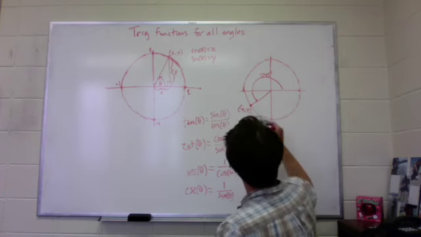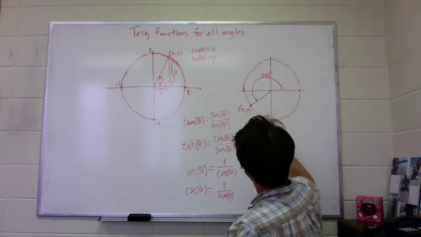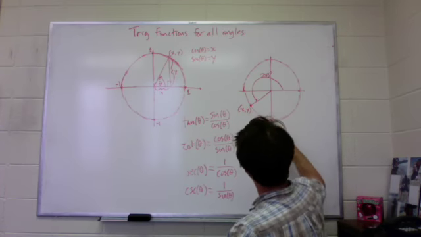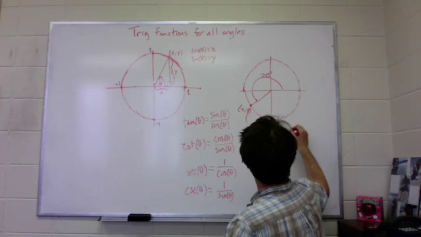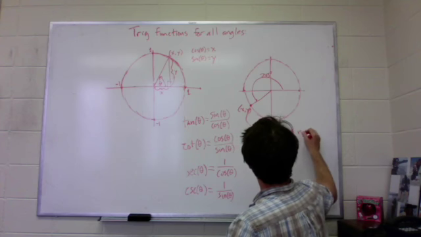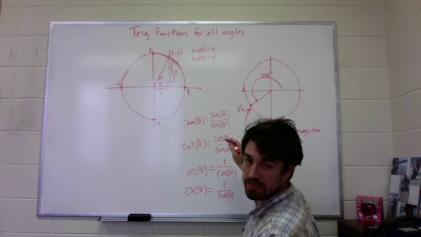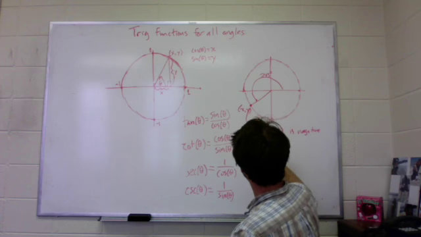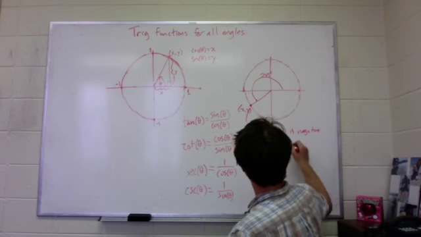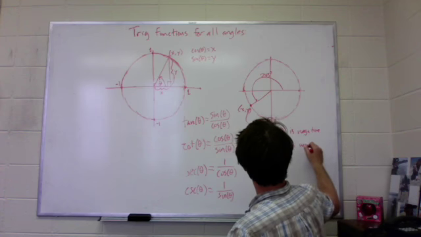Just by looking at this, we know that the cosine of 243 degrees is equal to the x-coordinate of this particular point. And so therefore, we can see that it's a negative number. It's bigger than negative 1, but smaller than 0. And likewise, the sine of 243 degrees is also negative.